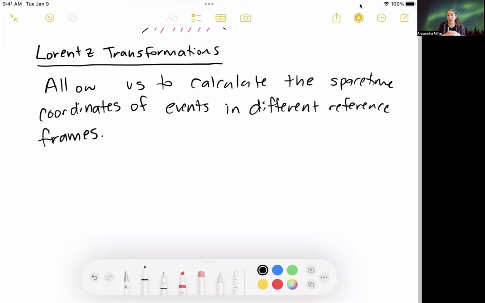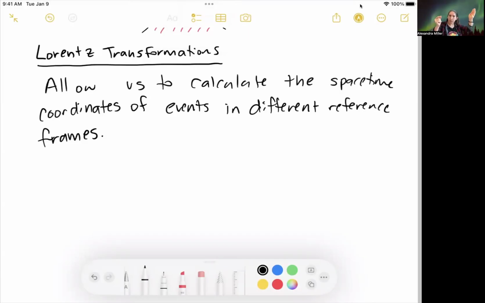Which is to say, if we know event A, which is maybe me snapping my fingers, we know event A occurred at some time and at this location in my office, in the reference frame of my office. And we're given that information.